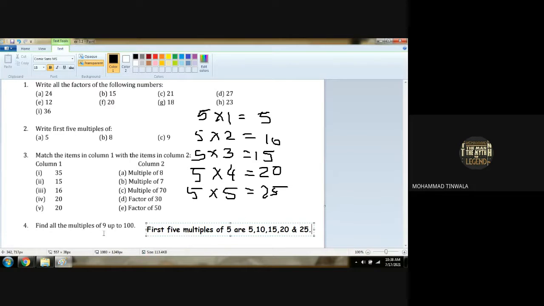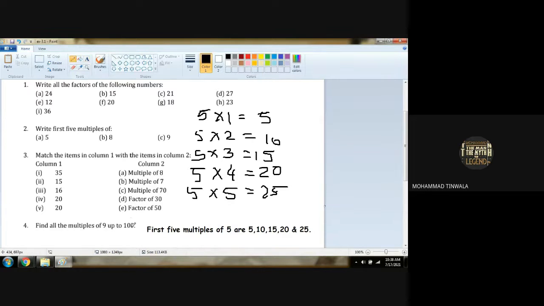Is that clear how to write the answers in your fair book and your rough book? Yes, sir. This was sum number A. 5 ones are 5. First 5 is said, so multiply with 5. So what are the multiples? You got 5, 10, 15, 20, and 25. You have to show it in the conclusion. That's it. Is that clear, boys? Yes, sir.